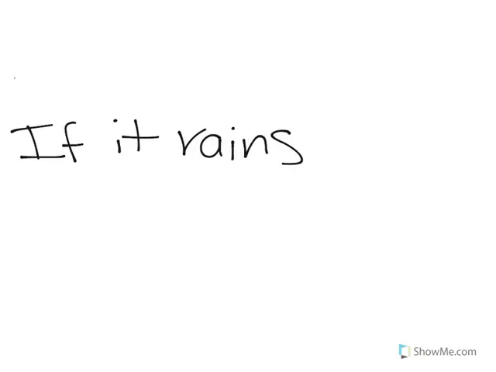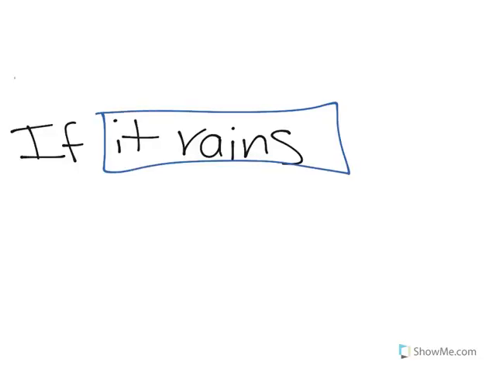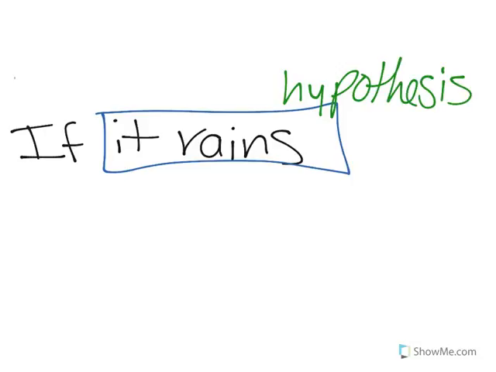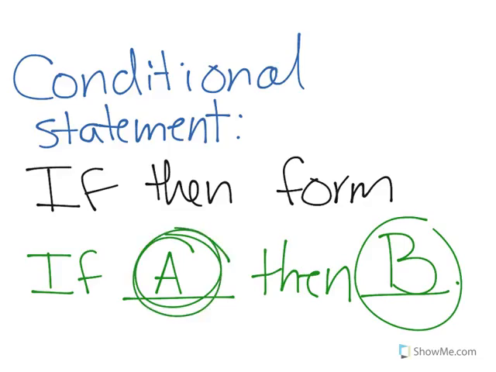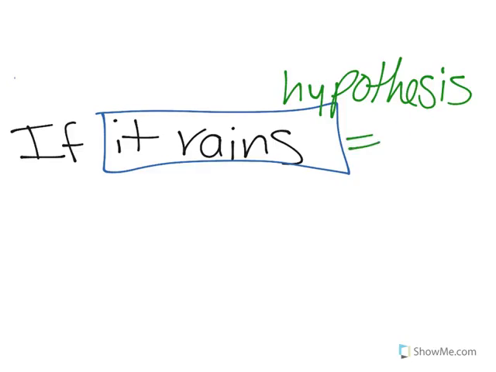The hypothesis is the statement right after the if. So for example, if it rains, it rains is our hypothesis. So in the previous slide, this is A. Then I stay inside.